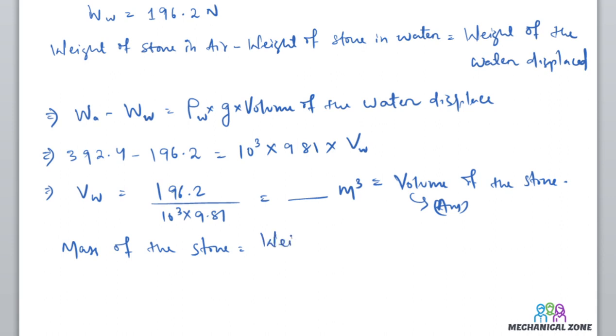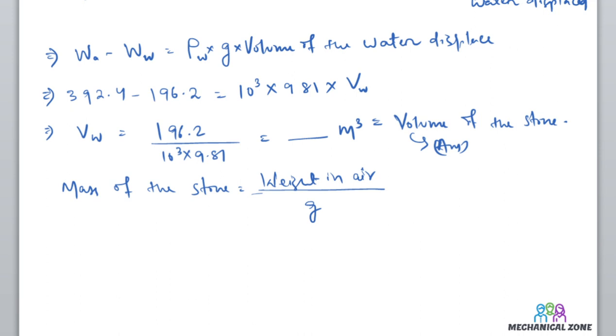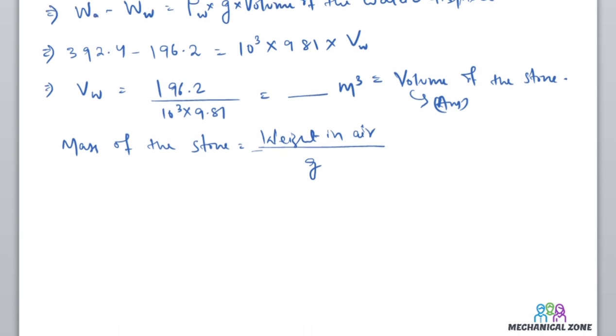How will we calculate mass? Weight in air. Don't take the weight in water, take the weight in air divided by g, as weight is equal to mg, so mass will be weight divided by g, and that formula is applicable for the case of air.